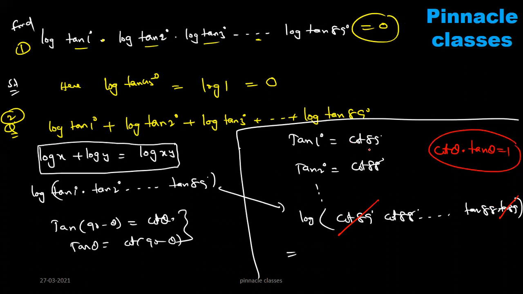Both are reciprocals of each other: cos by sine into sine by cos. Similarly, each and every term is cancelled except log tan 45, which is log 1. How much is it? 0.